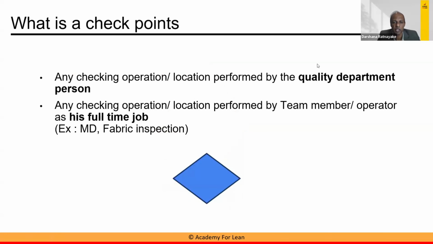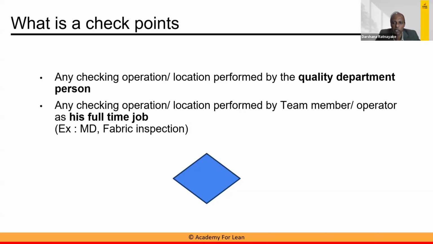These are the definitions of how you decide whether something is an operation or a checkpoint, whether we use the diamond mark or the normal operation. The first is any point or location where the checking is done by a quality department person; we draw this triangle. That means the operation is done by a quality person, like in-line check-in, AQL, or any other check point.